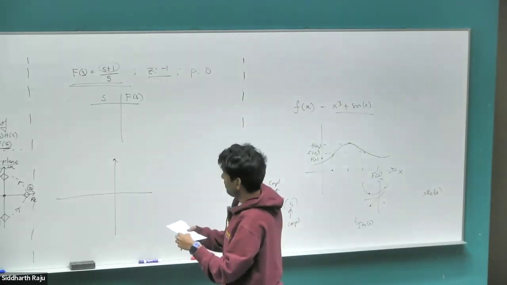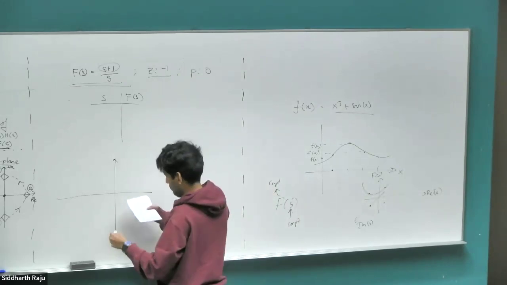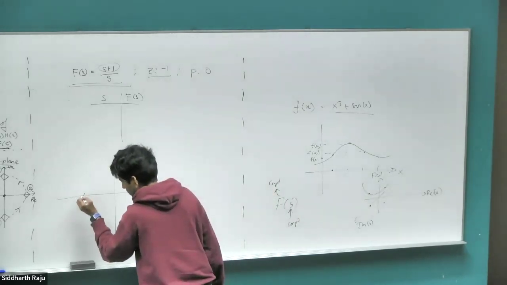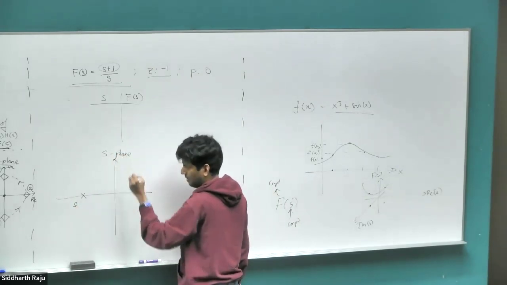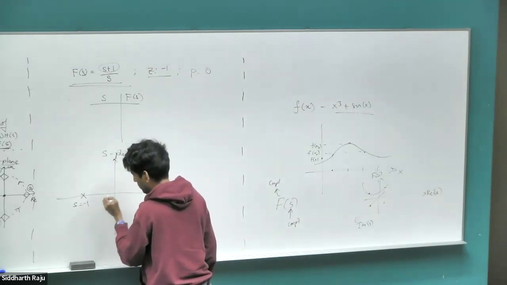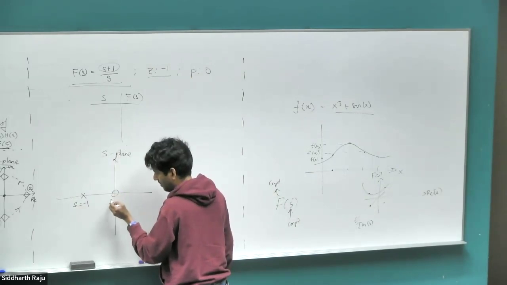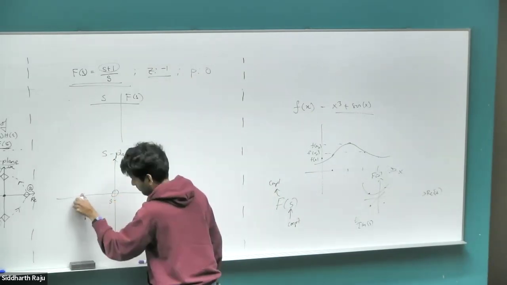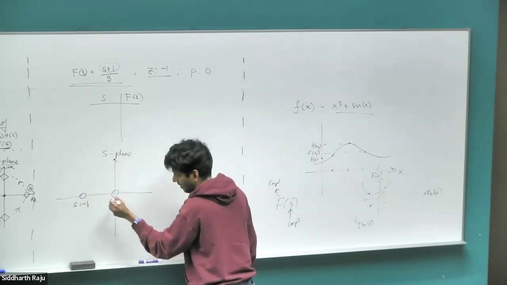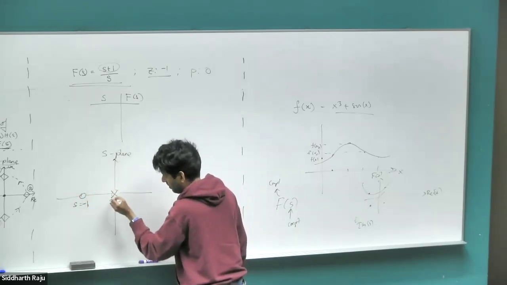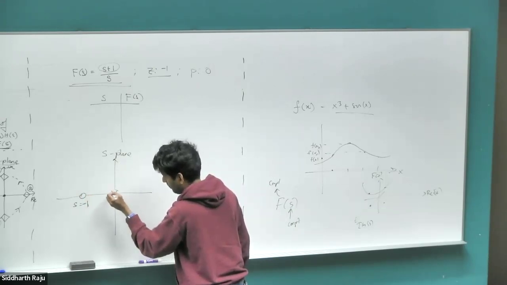So the values that I'm going to be choosing, let me first plot the zeros and the poles. So this is the s-plane. So the zero is at s equal to -1, and the pole is at s equal to 0.